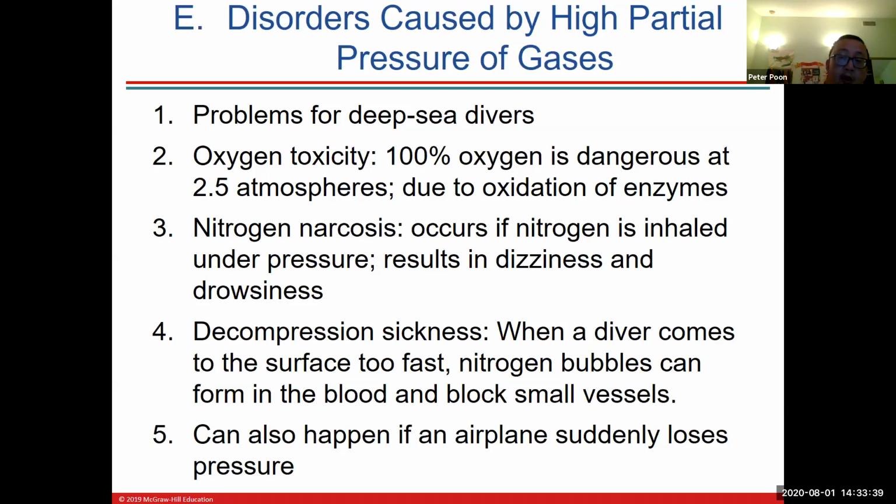Therefore the volume is smaller, so it dissolves more easily into your bloodstream. When you come up, those things do the opposite. They expand, and they can literally expand in your bloodstream and cause little bubbles. That's why you get decompression sickness, also known as the bends.